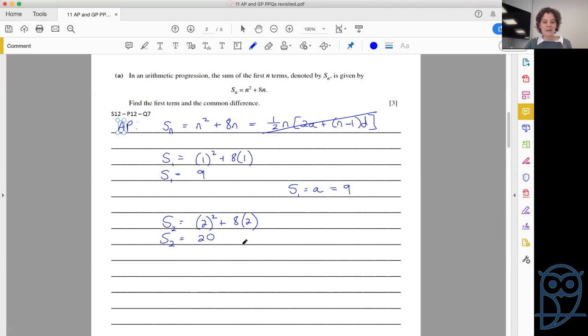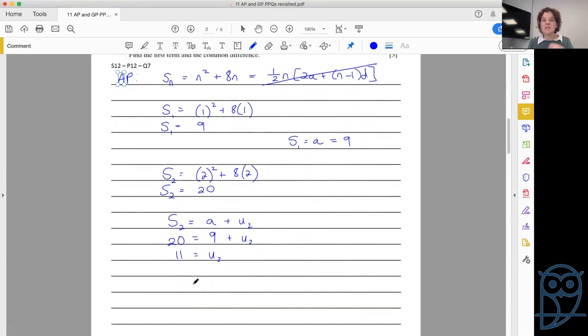And you see the magic, because we know that S2 equals U1 plus U2. Well, 20 equals 9 plus U2. U2 equals 11. How does this help us?